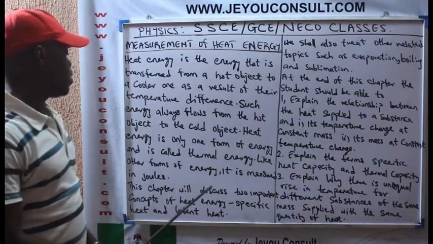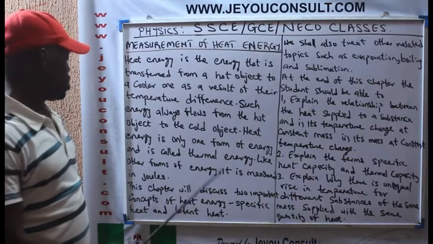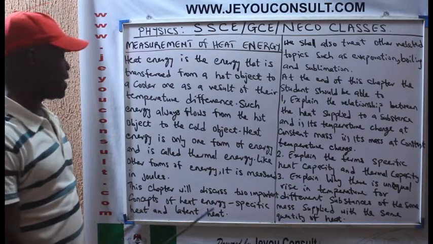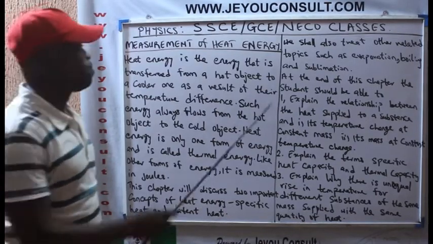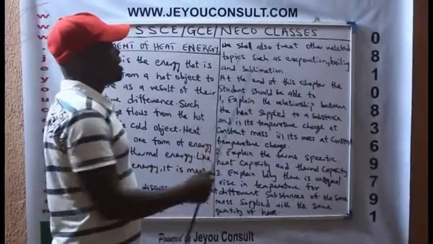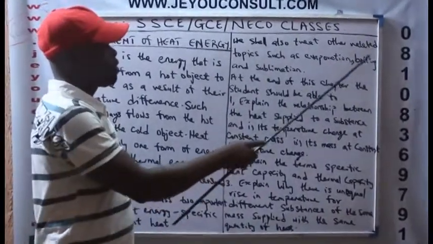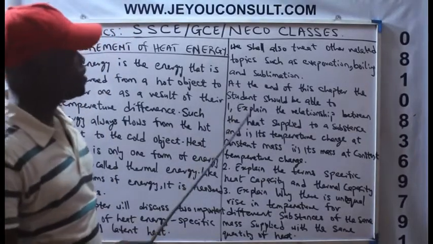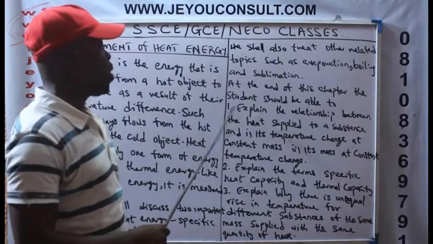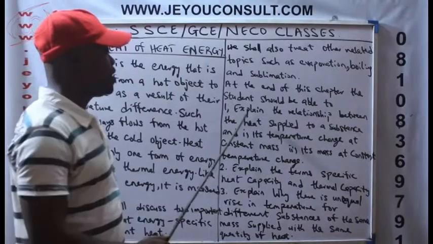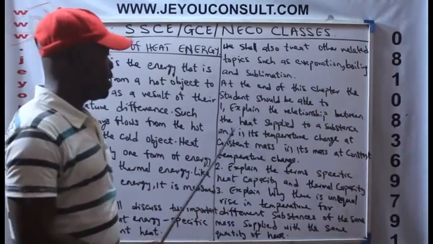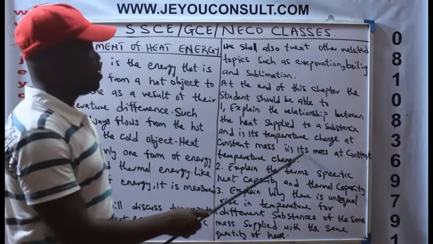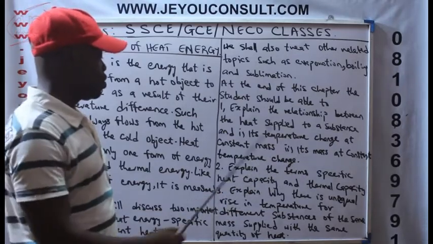This chapter will discuss two important concepts of heat energy, that is specific heat and latent heat. We shall also treat other related topics such as evaporation, boiling, and sublimation. At the end of this chapter, we should be able to: one, explain the relationship between the heat supplied to a substance and its temperature change at constant mass, and also its mass at constant temperature change.